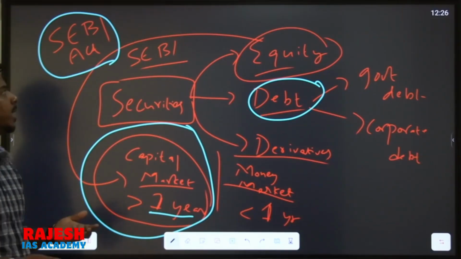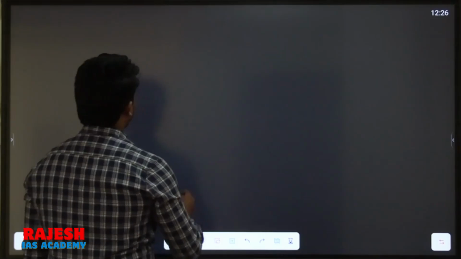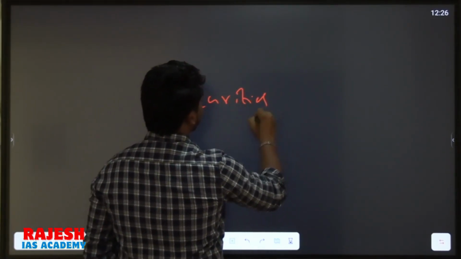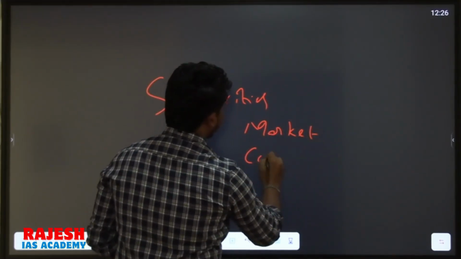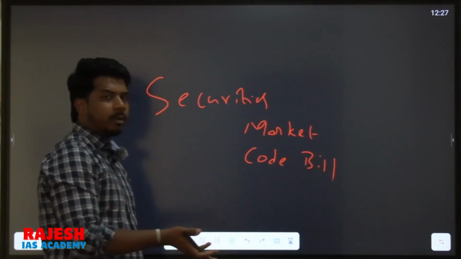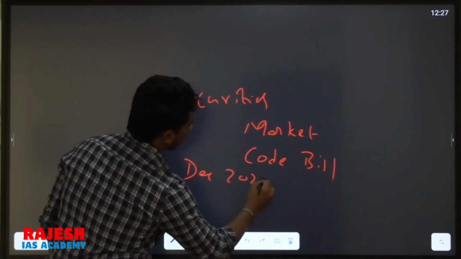So the government is also bringing a new act here, called the Securities Market Code. The Securities Market Code Bill was introduced in Lok Sabha in December 2025, I think. It still has to get approved.